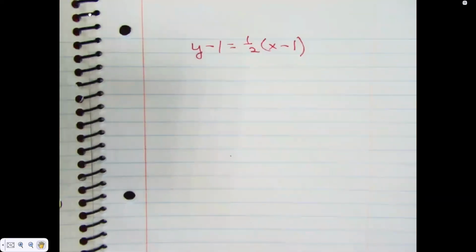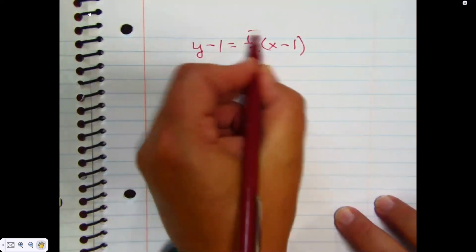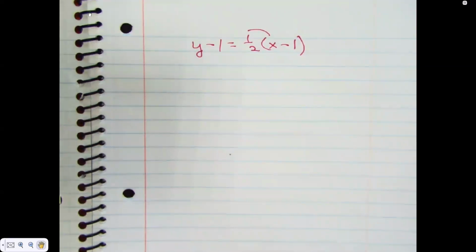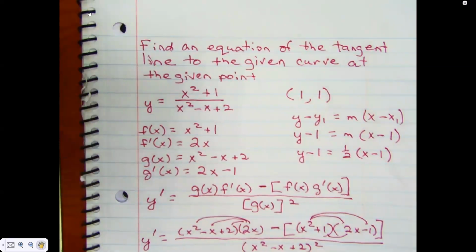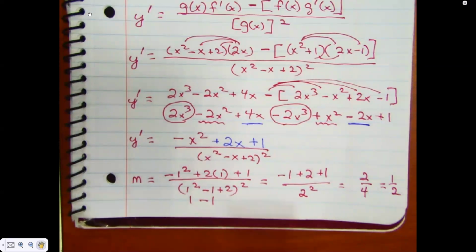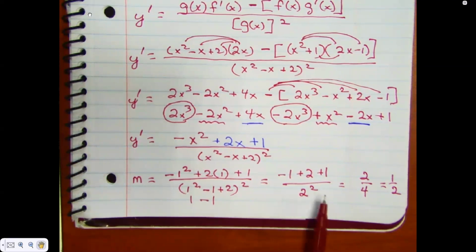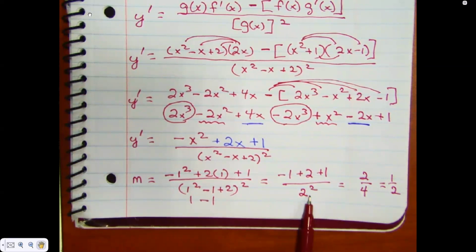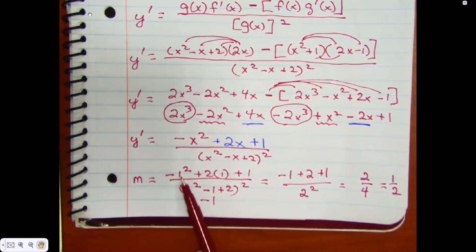Yeah. All right, so if, oh wait, can we see that? Distribute. Say that again. The slope was 1/2. How did we get that? Okay, let's check. Did you bring in the bottom? It should have been 2 squared. I got 4 on the bottom. Okay. I got 4 on top, but I think the negative one, isn't that supposed to be positive? Is it squared or no? Or does it stay negative?